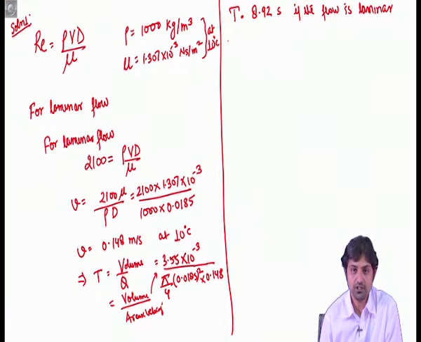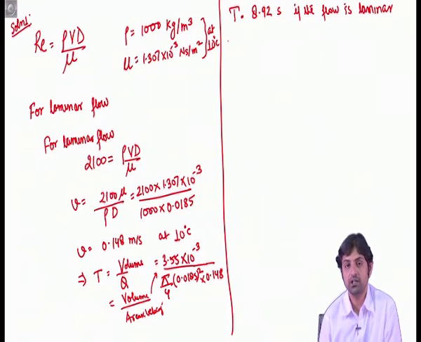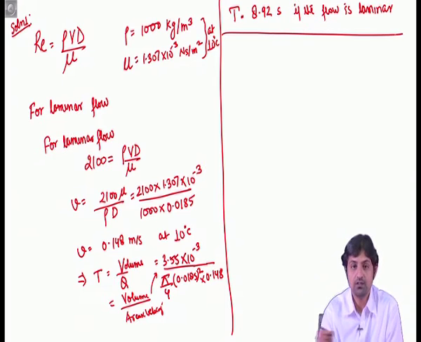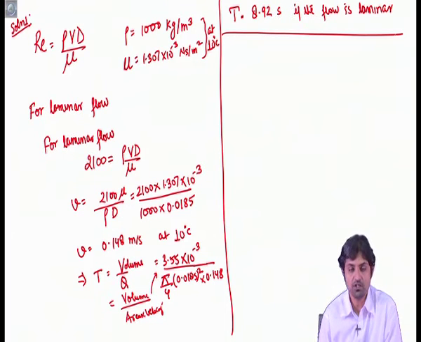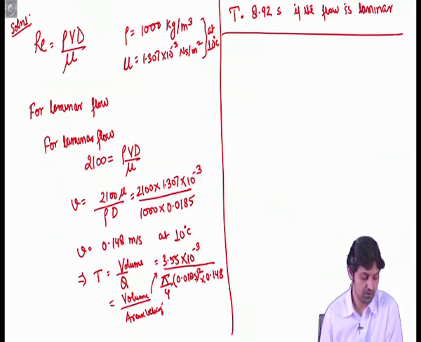But here the question is, what is the maximum time taken if the flow is to be turbulent? So the maximum time taken will be when the velocity is minimum. So minimum velocity required for a turbulent flow will correspond to a Reynolds number of 4000.